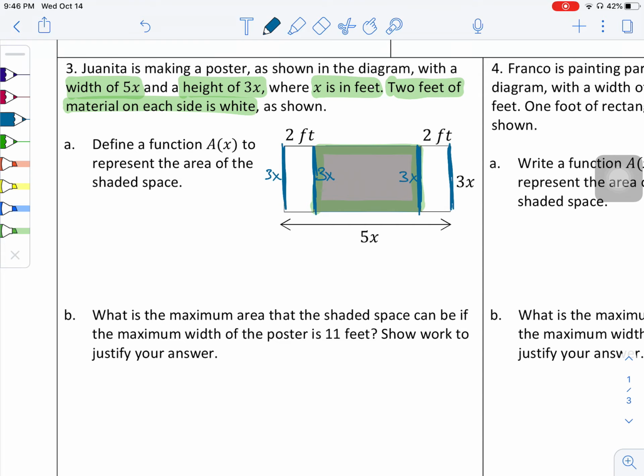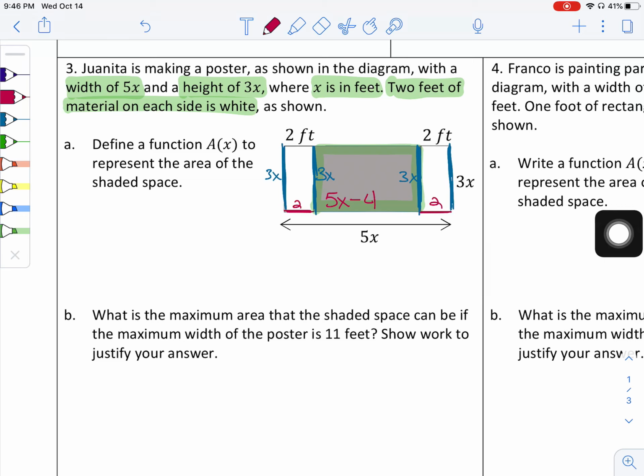Now, it says for this shaded region, we've got this edge right here, which would be 2 feet. And we've got this edge right here, which would be 2 feet. So we want to take that 5x that we had for the whole width and subtract off the 2 edges that were those little white strips. So we've got 5x minus, well, we've got 2 here and minus another 2, so it would be minus a total of 4.